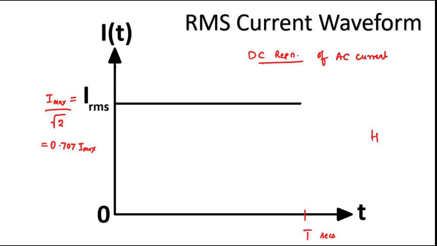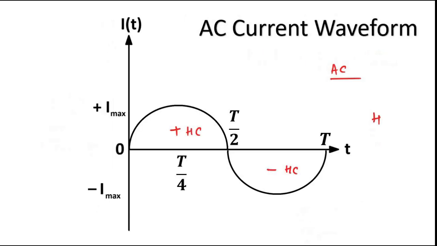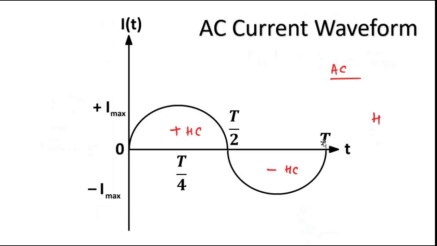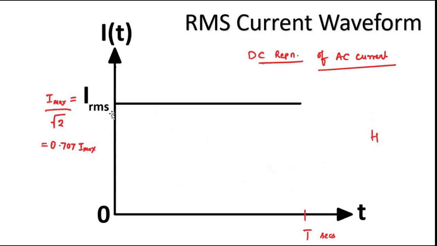So this and this are equivalent, they are the same in terms of the amount of heat produced in the circuit when both these current signals are applied for a duration of t seconds. Here also the full cycle is t seconds, here also this signal is applied for t seconds. So this and this, they are equivalent.